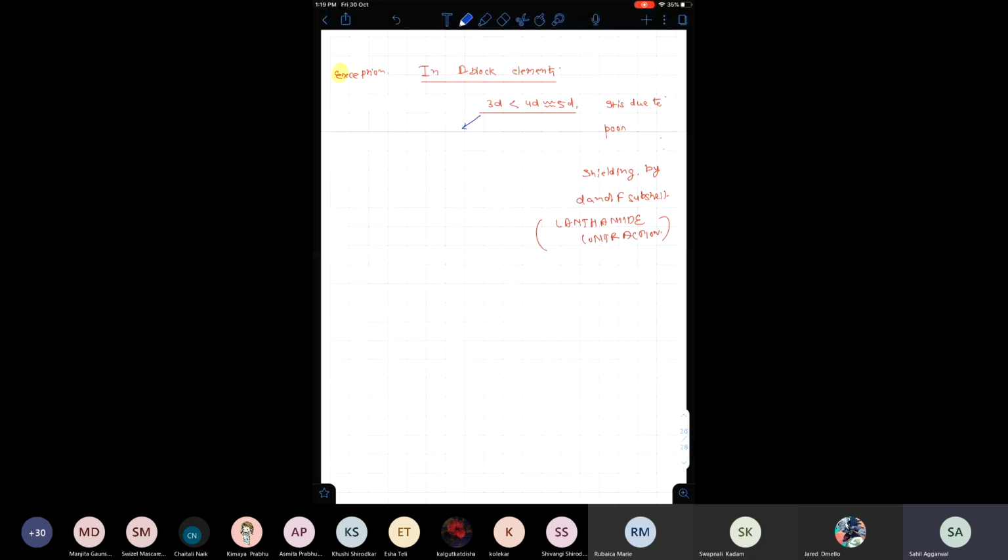This trend is not followed for first elements because F block elements start after first elements.